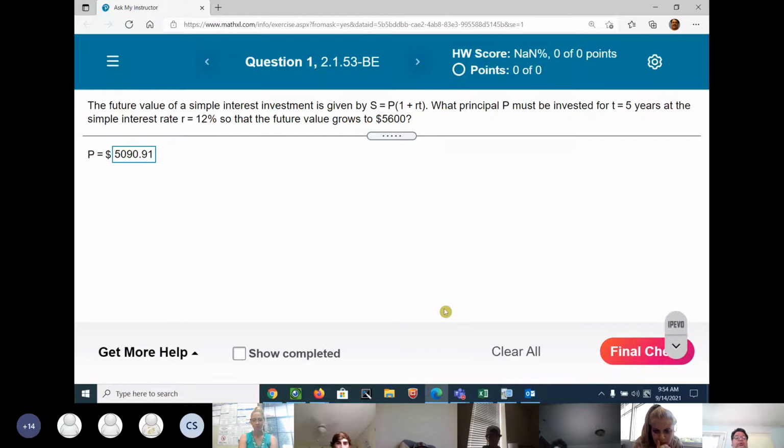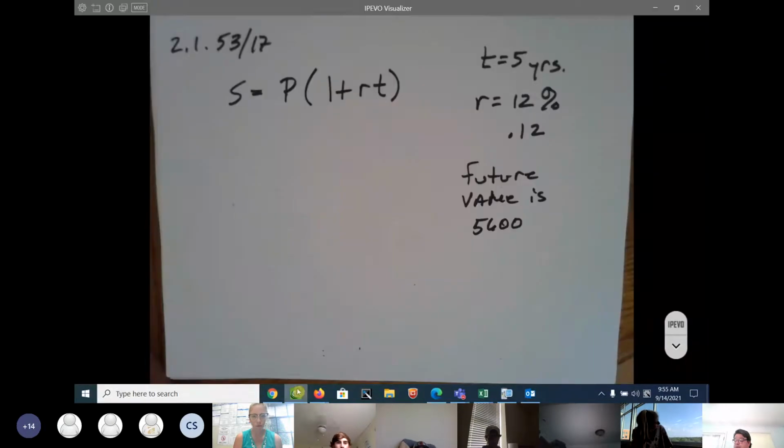Anyway, at 0.12, the future value grows to 5,600. Now, the way I'm looking at this, they're looking for P. So P is going to be less than 5,600.